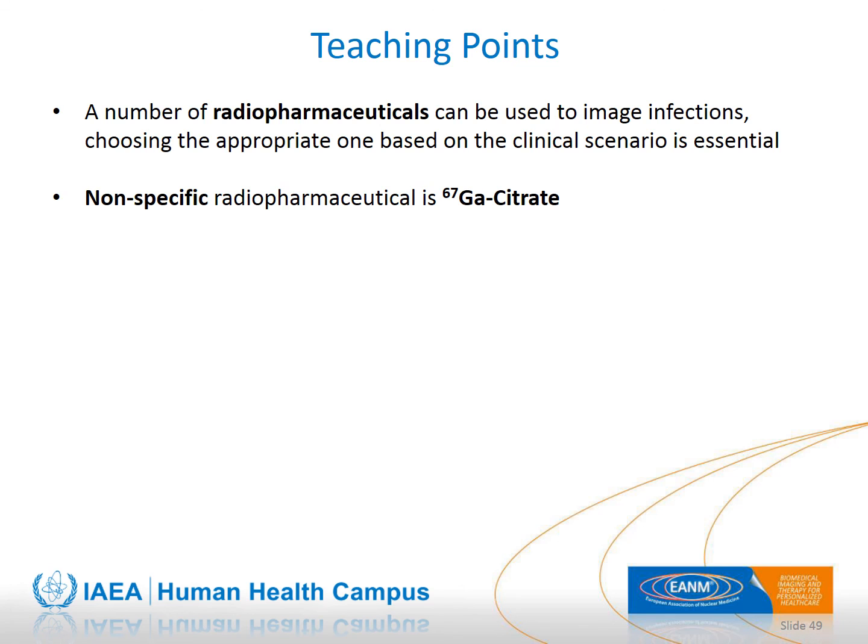Gallium citrate is the old warhorse of nuclear medicine infection imaging. It is a non-specific tracer.